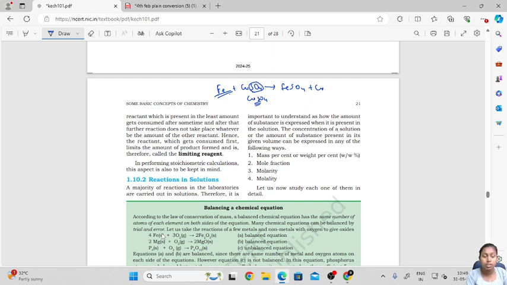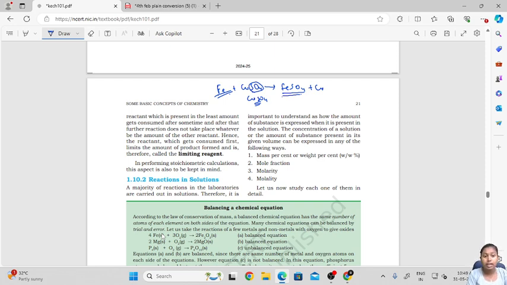Now if Fe is consumed completely, or Fe has completely formed into FeSO4, and there are a few CuSO4 molecules present, then they will remain like that only, because no more Fe is present there to convert it to FeSO4, right?